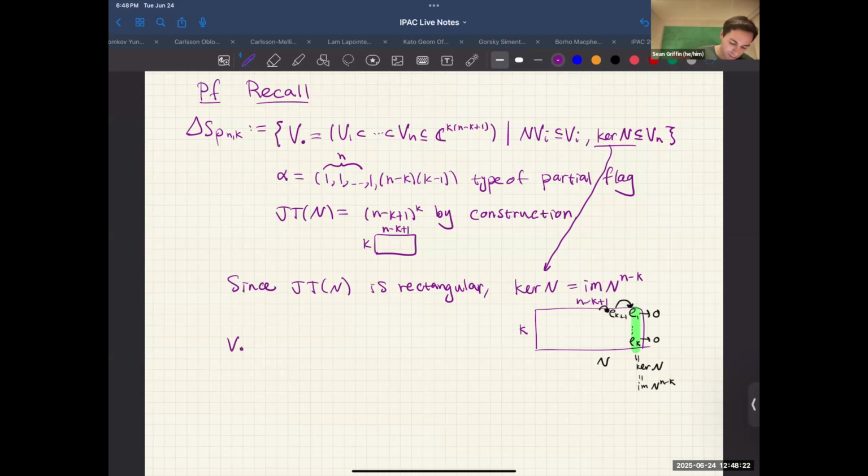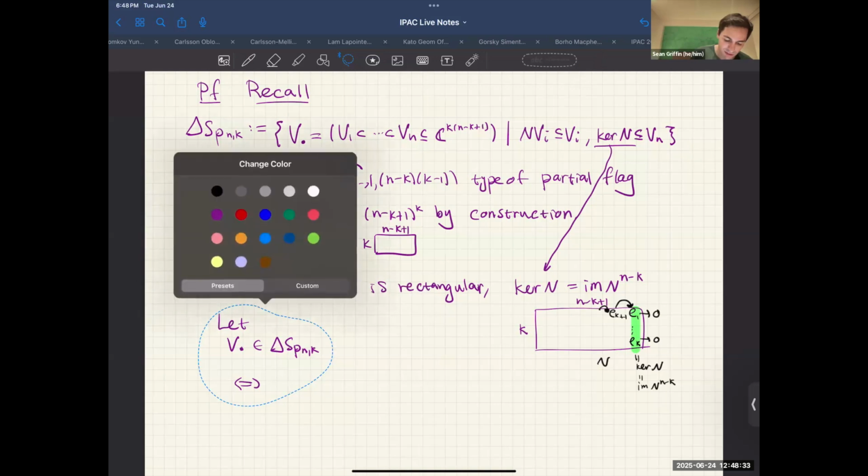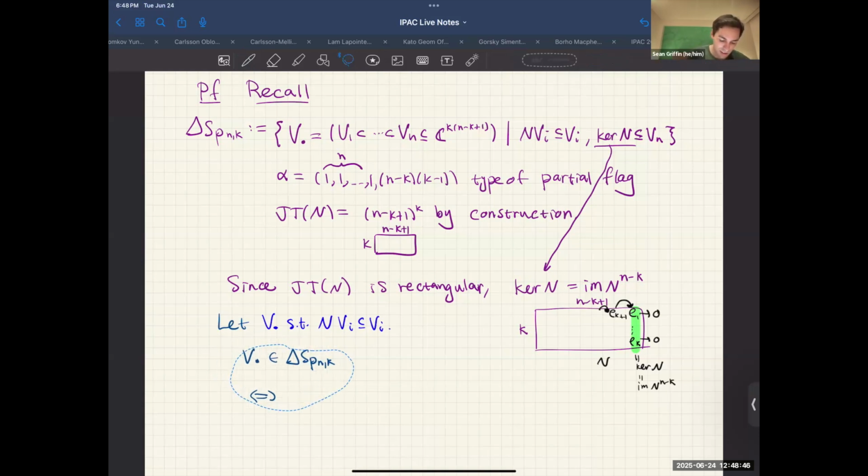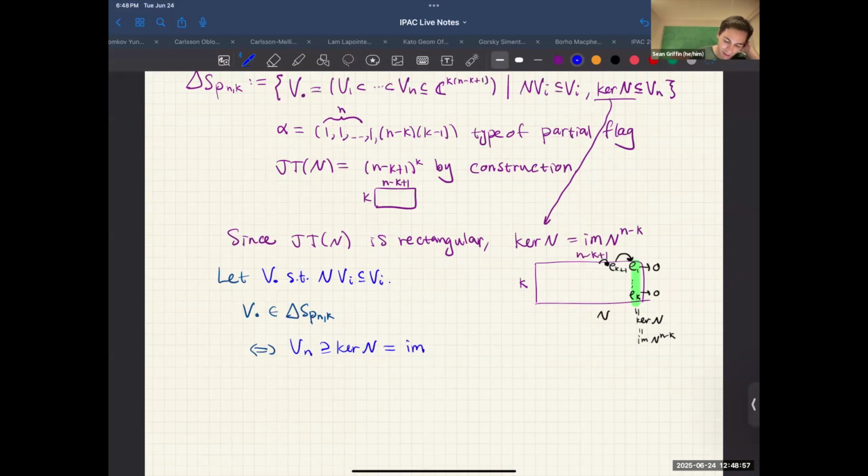And so if you have one of these partial flags in the delta Springer, sorry, let me first take a flag that satisfies this condition. Then the flag satisfies the delta Springer condition if and only if V contains the kernel. But we just saw that this is the same as the image of the n minus k power.